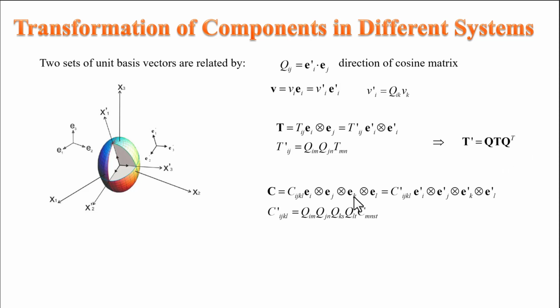For high-order tensors, their Cartesian components transform across coordinate system in a similar way. Fourth-order tensor, Q will occur 4 times.